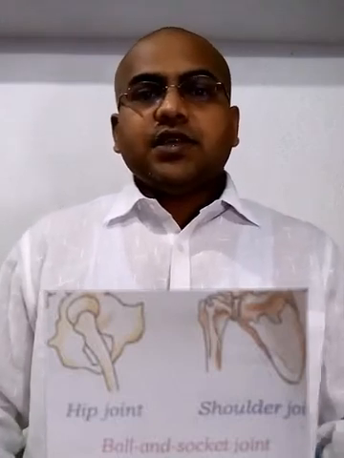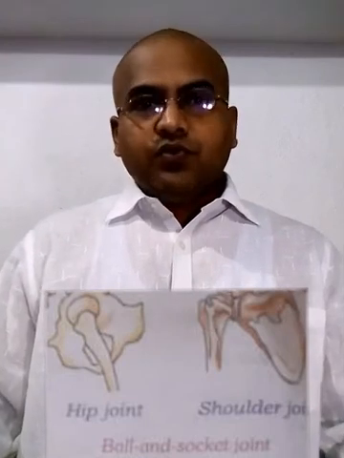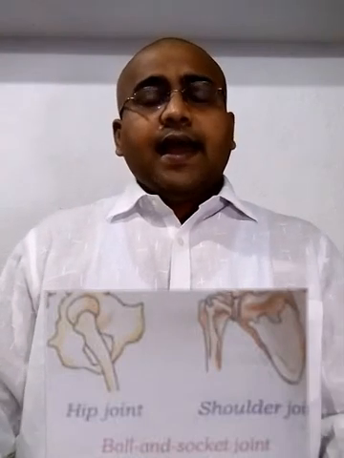As the name suggests, these joints can move and help our body to move in different ways to perform our various functions. In these movable joints, when two bones come close to each other, in between these two bones there is a tissue called cartilage, and it helps to join the two bones together.